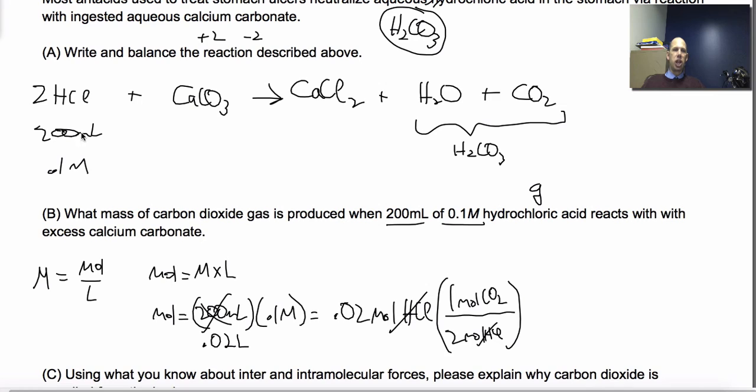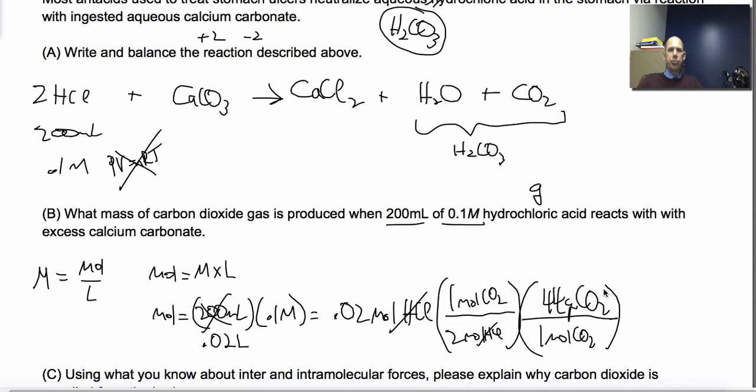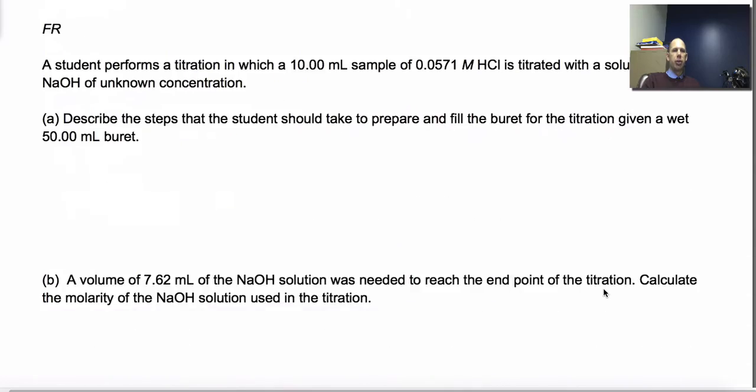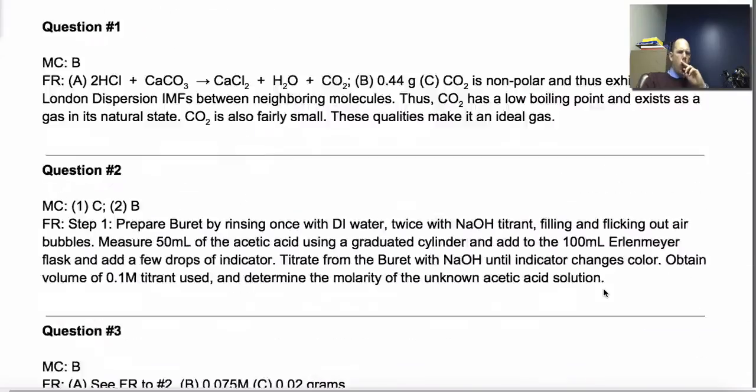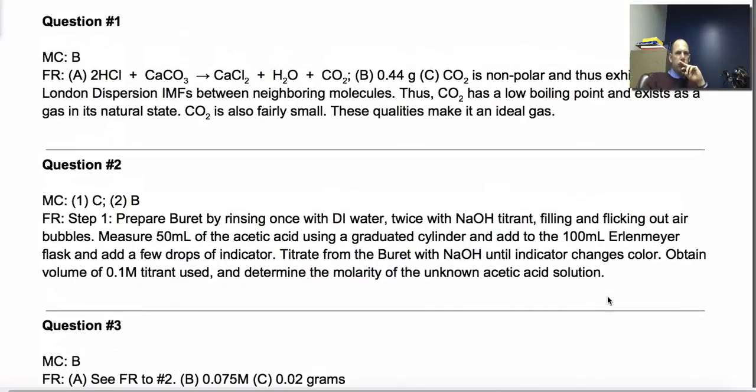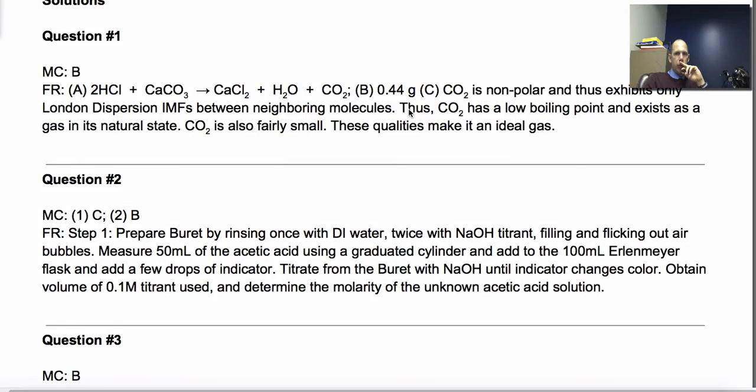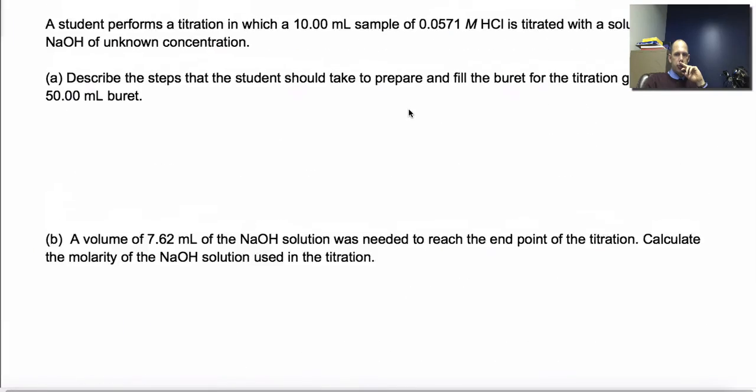This could have been just like PV equals nRT or anything else we do in stoichiometry. I want to get the mass, so 1 mole of CO2 is 44 grams of CO2. When I go through and do that, I forget what the answer is. Let's look. That's going to be 0.44 grams.